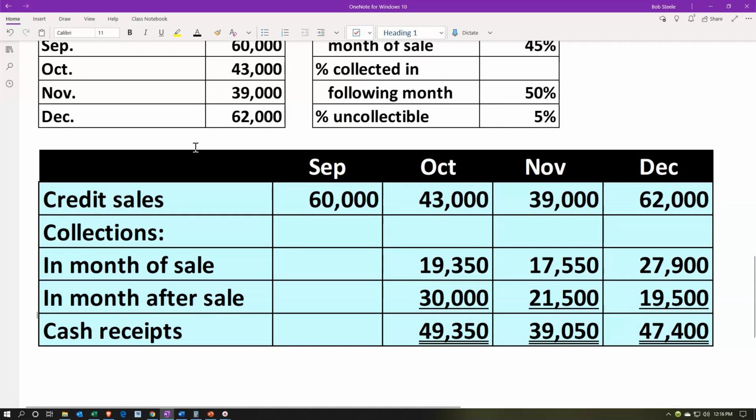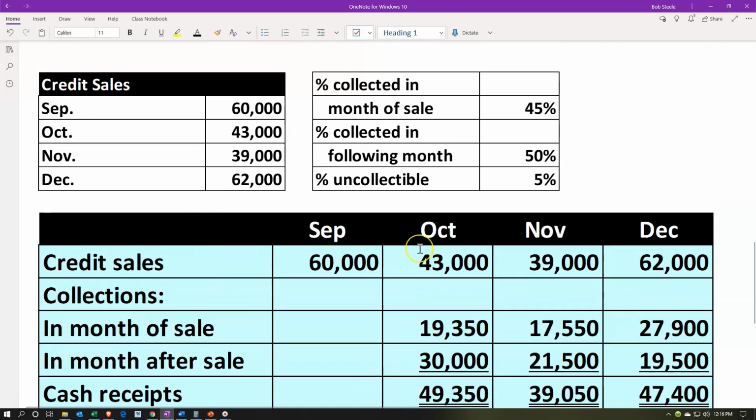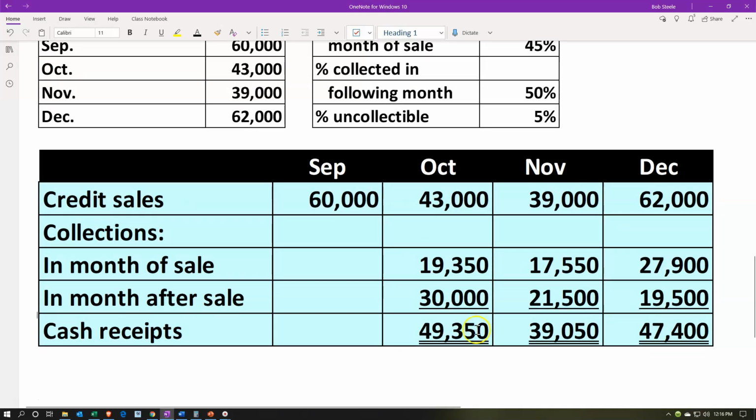We need to think about the unit sales projections first, and then we can figure out our estimates of when we're going to collect on these. Remember, we're looking out into the future, so these aren't perfect. These are projections, so we have to make estimates when we project out into the future, and then we can start to figure out our cash receipts. So we have to do these projections in a logical order as we move forward with them. So we'll continue.